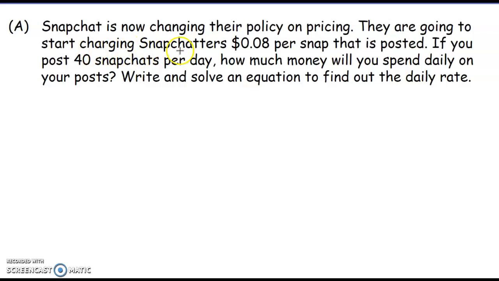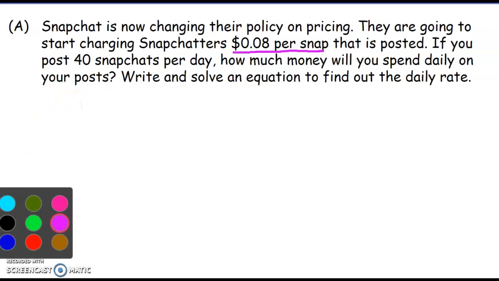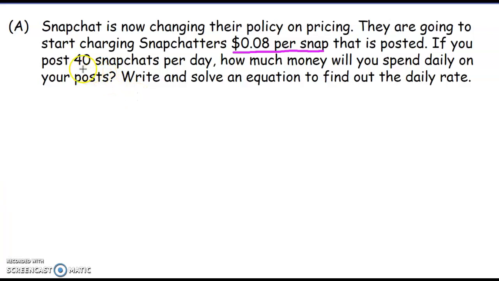First of all, they are charging Snapchatters 8 cents per snap, okay? So that means one snap costs 8 cents, and what I'm dealing with here is 40 Snapchats per day. That's how much I'm actually doing on the app. So if I am being charged 8 cents per snap, and I'm doing 40 Snapchats per day, I can go ahead and add 8 cents over and over again to reach that 40 Snapchats.